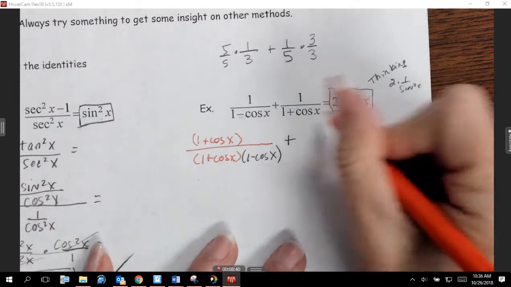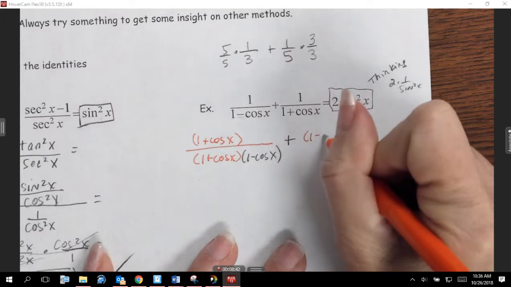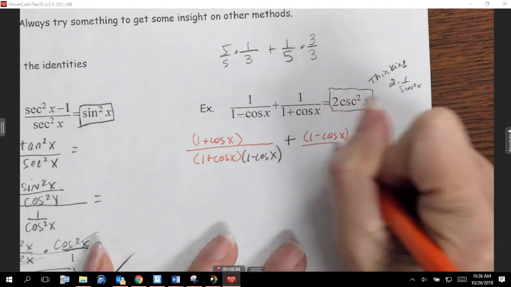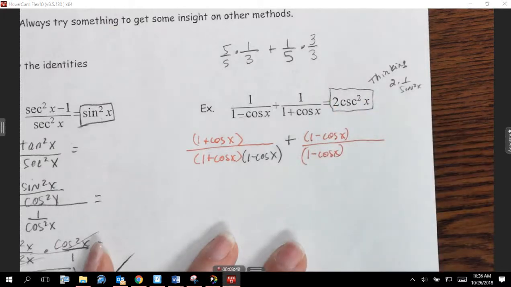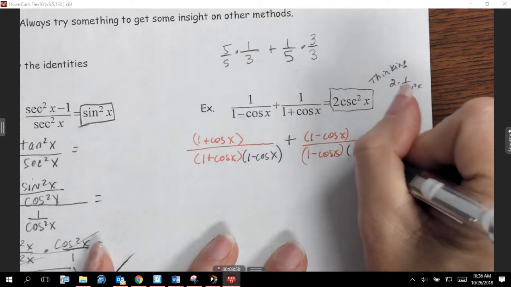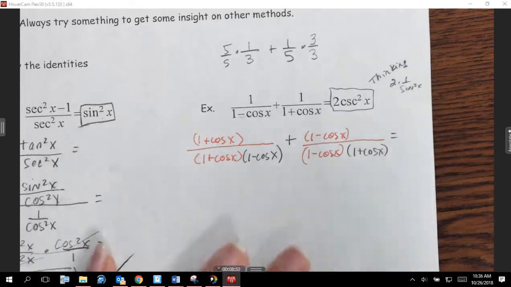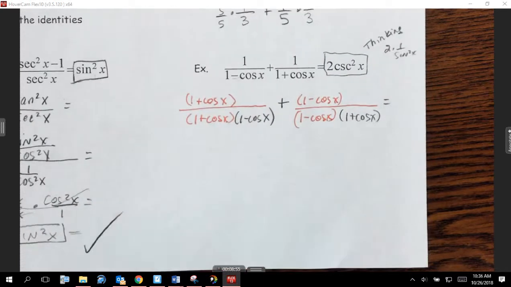My second one, I'm going to multiply by 1 minus cosine x over 1 minus cosine x. So do I have a common denominator? It's the same.